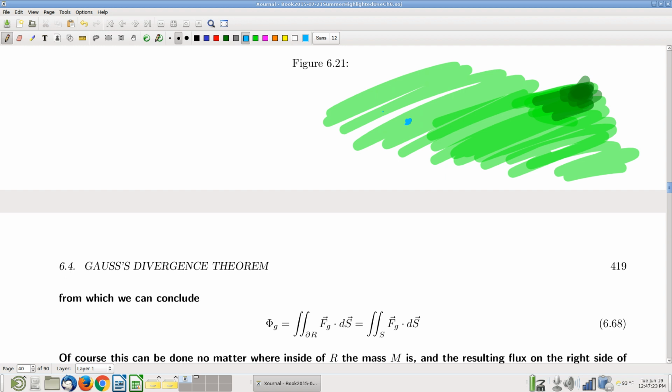Well, nightmarish looking calculation. Because if you think about it, again, not having a point mass, that means that, well, look, this piece of mass there is going to make the gravitational field want to do like that, but this piece of mass there makes the gravitational field want to do like that, and you see the pattern. This piece of mass here makes the gravitational field want to do like that.